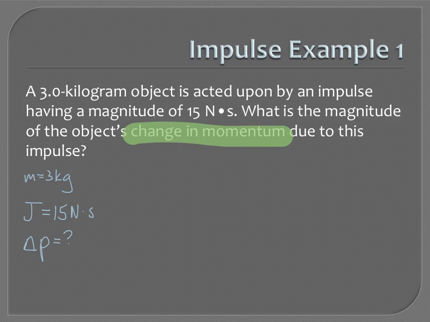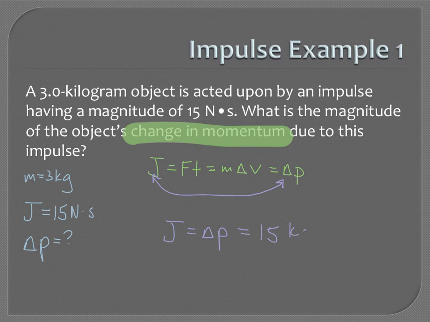If we look at our four-way relation here, J is equal to F times T, which is equal to M delta V, which is equal to delta P. If you notice here, these two are equal to each other. So J equals delta P, which has to equal 15. Same value, just different units.